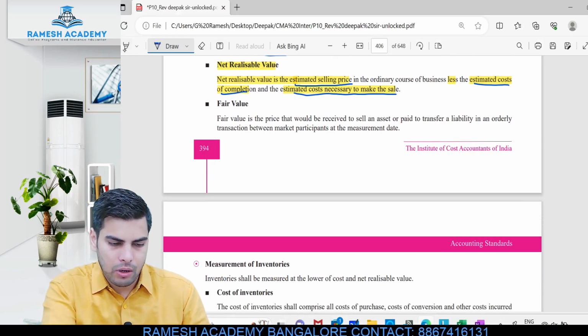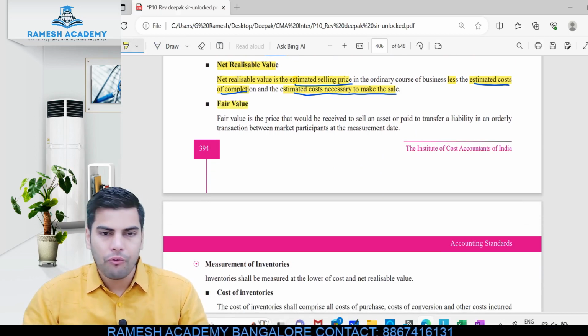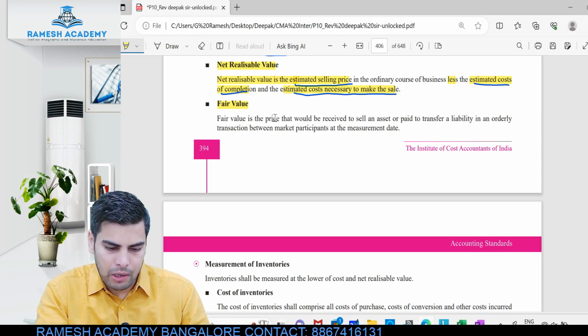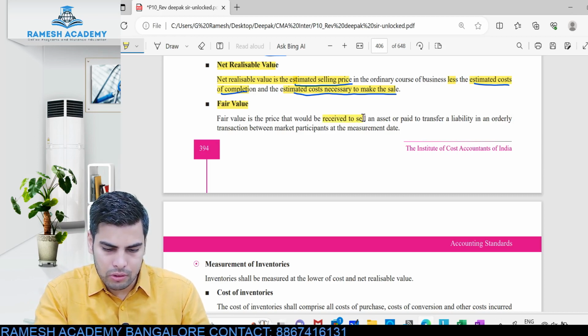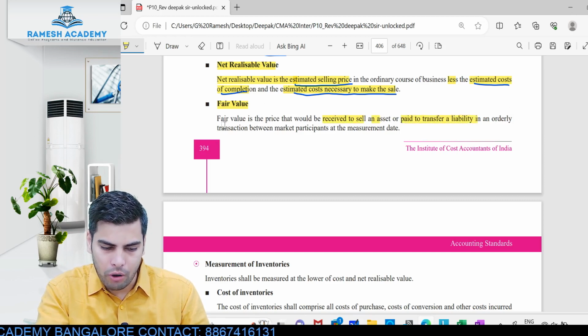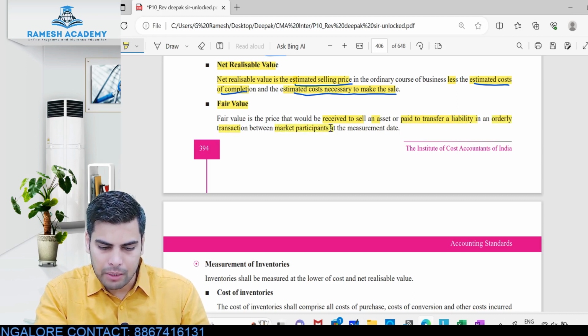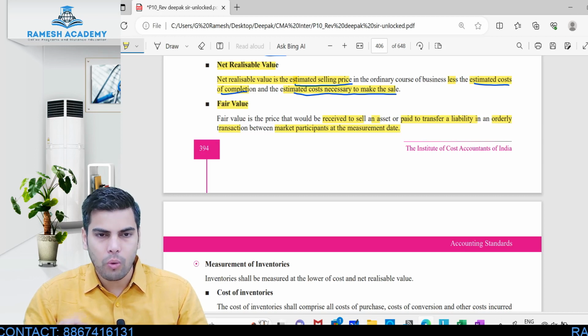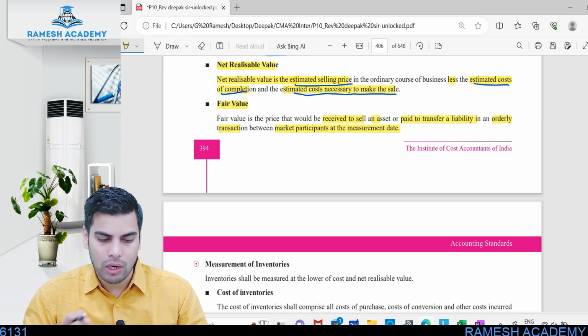Okay, so let's talk about the next term, that is fair value. What exactly is this fair market value? Fair value is the price that would be received to sell an asset or paid to transfer a liability in an ordinary transaction or an orderly transaction between market participants at the measurement date. So between known people, whatever is the price at which a particular asset will be sold or a liability will be settled, that is what is called fair value.